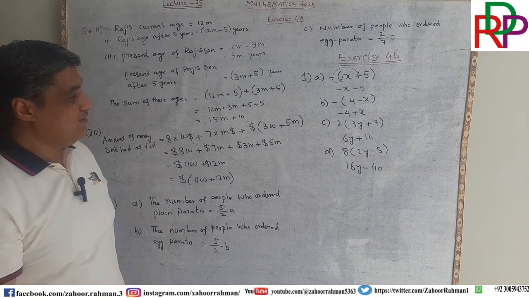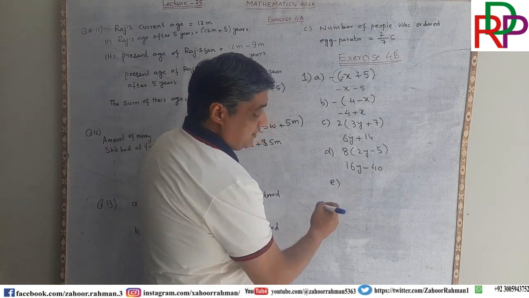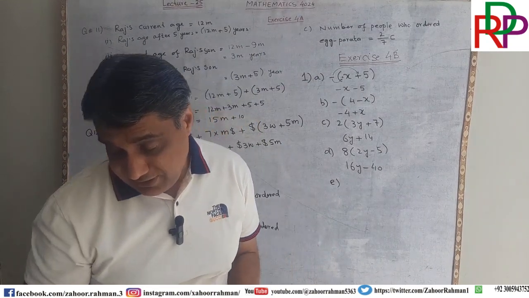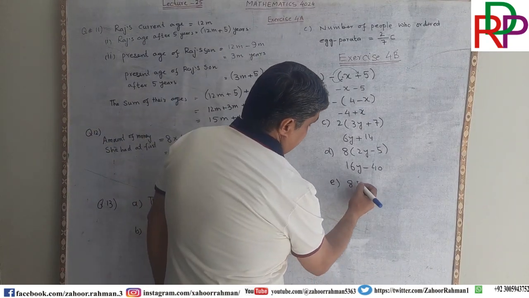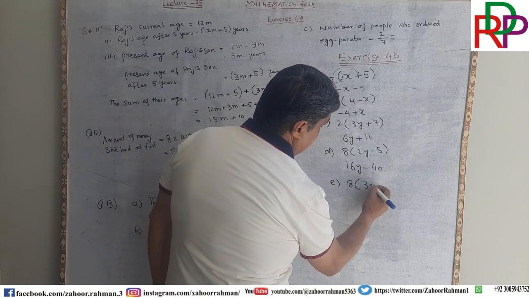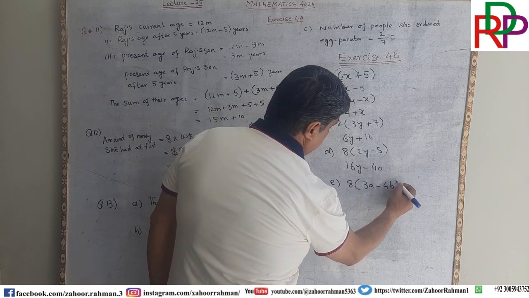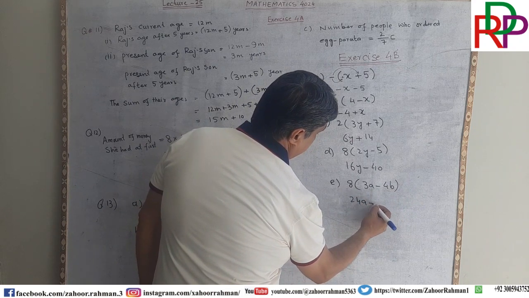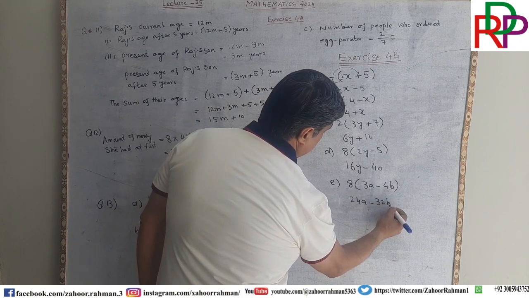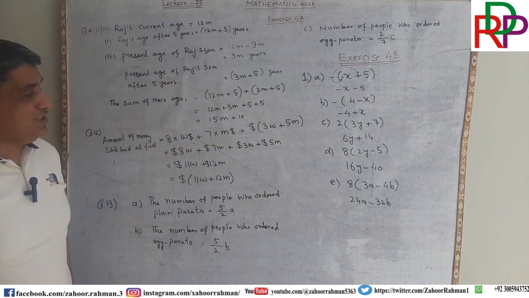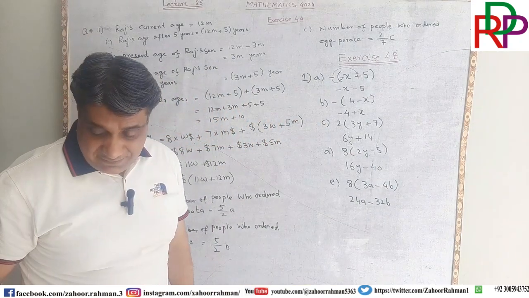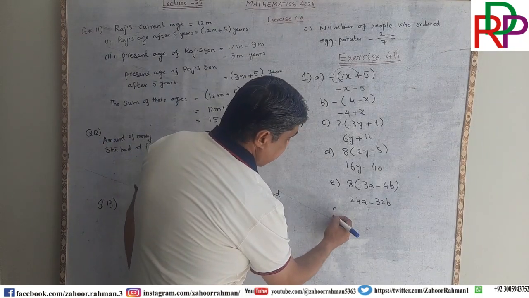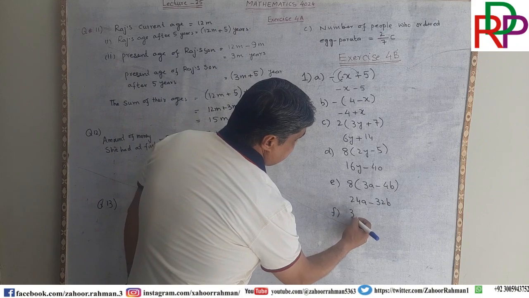Now part e says 8 into 3a minus 4b. 3 8s are 24a minus 32b. So this is the answer of e.